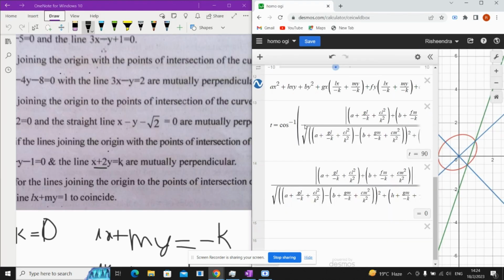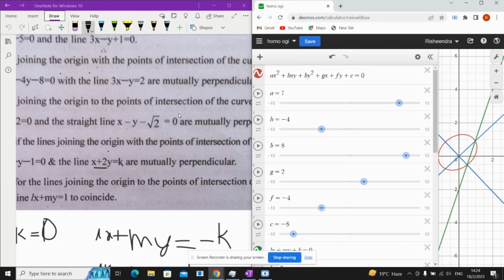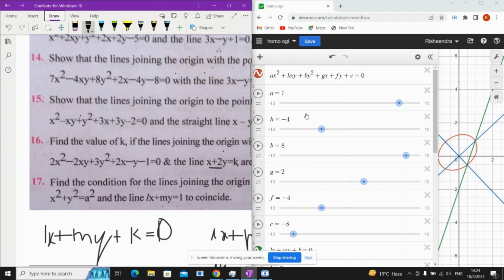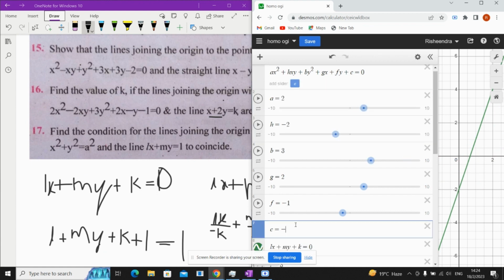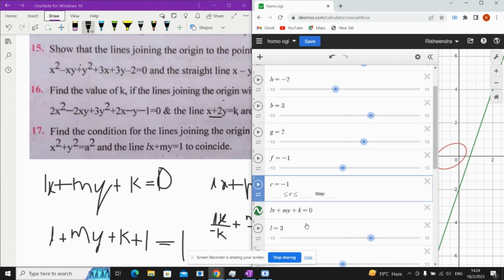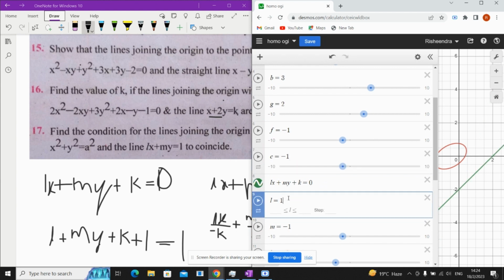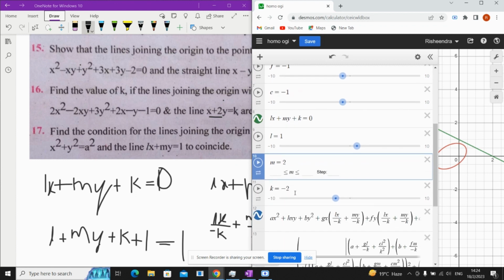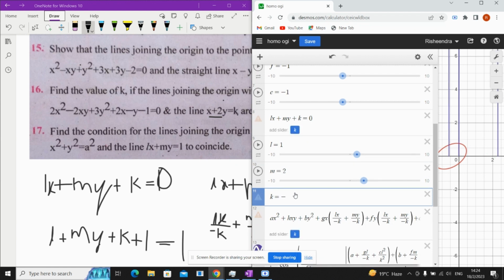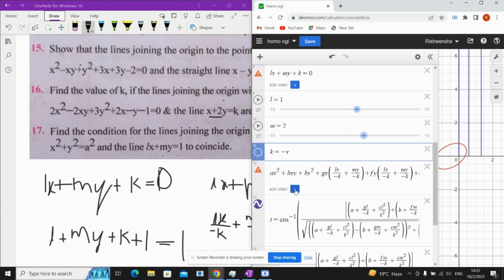Okay, let's substitute the values here. A value is 2, and k, let's assume I'm replacing the k with v minus v, because when the k moves to this side, the answer will be minus, and I'm taking v instead of k, and I'm adding a slider to v.